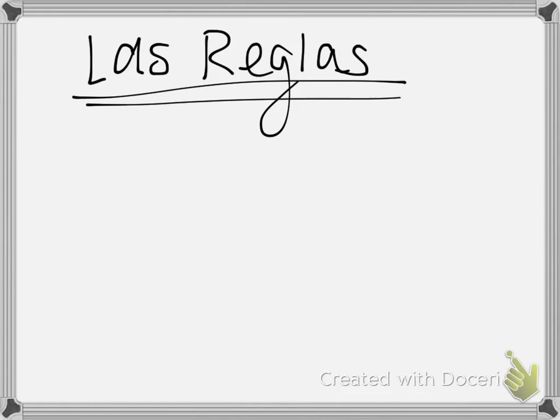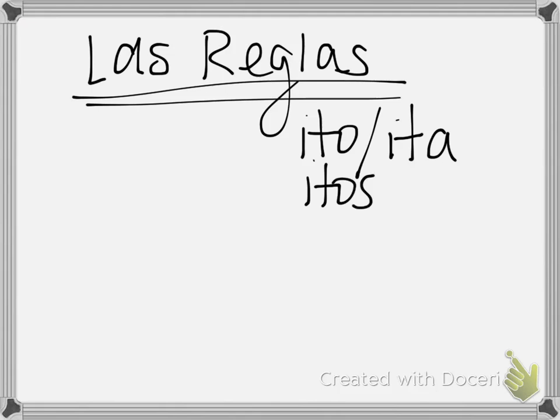Las reglas, or the rules. There are general rules with using this suffix ito. You do need to be aware of the singular, the plural, the masculine, the feminine, because the ito can also be ita, or itos, or itas, depending on if your word is singular or plural or masculine or feminine.